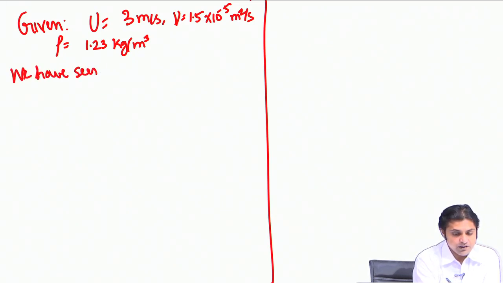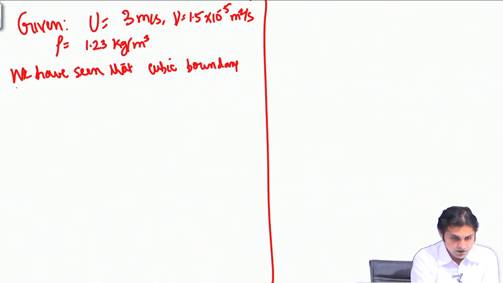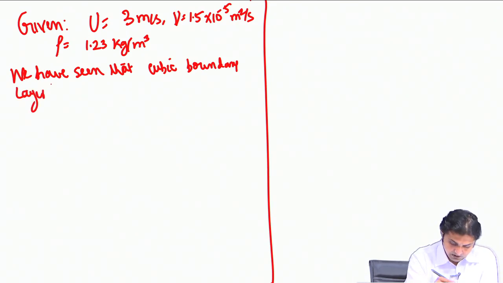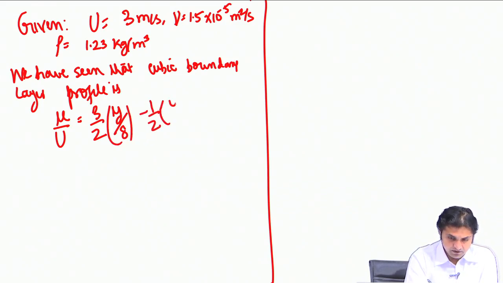So we have seen that cubic boundary layer profile is small u by capital U is equal to 3 by 2 from our laminar analysis, y by delta minus half y by delta cube.